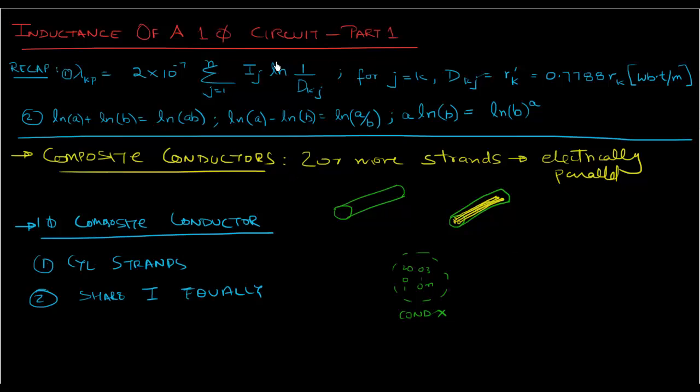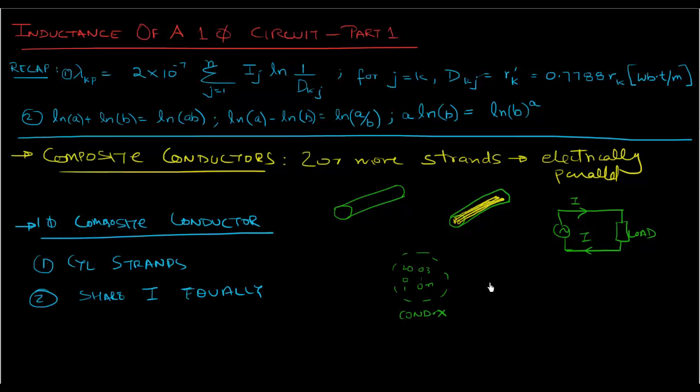So remember, this is a single phase circuit, right? So you have a conductor that is bringing power to your load, and then you have a return conductor. So current flowing this way and current flowing back, right? So that's your single phase circuit, for example.